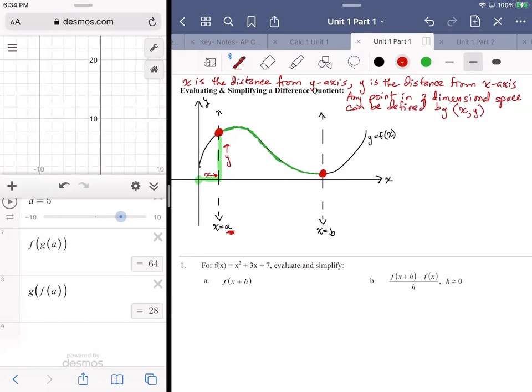Now, right here where it says y equals f of x, I mentioned that y and f of x have the same value. One form of that notation tells us that y is a function, but specifically it is called f of x.